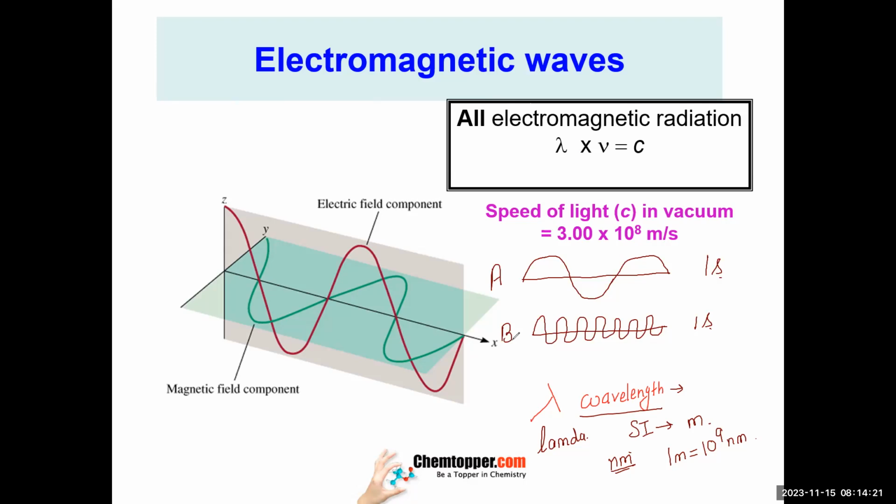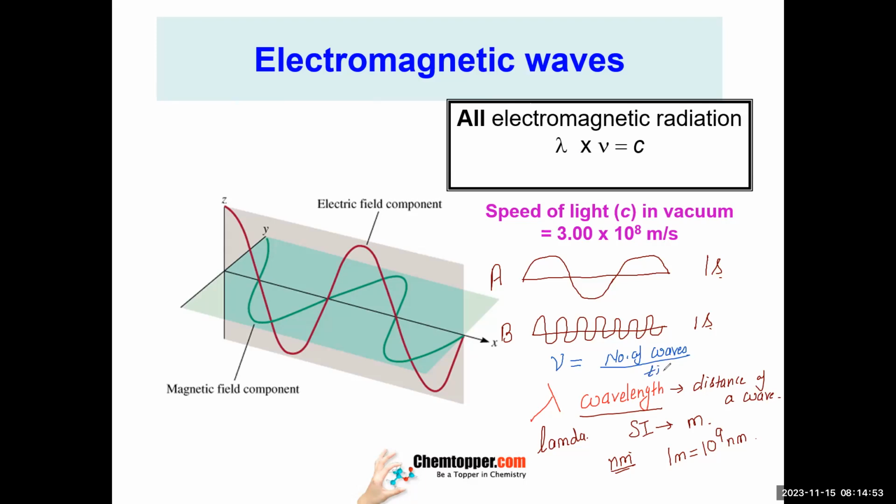This number of waves per second is called frequency. So what is frequency? Wavelength is defined as distance, right? You can call it the distance of a wave. And what is frequency? Yes, Afan, frequency is the number of waves per second, per unit time.